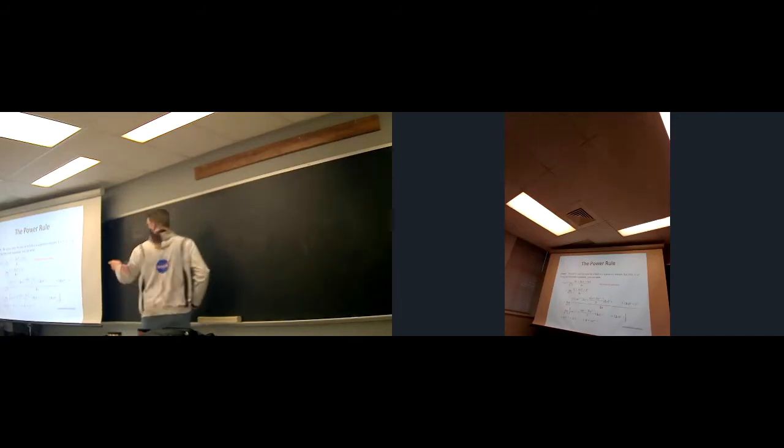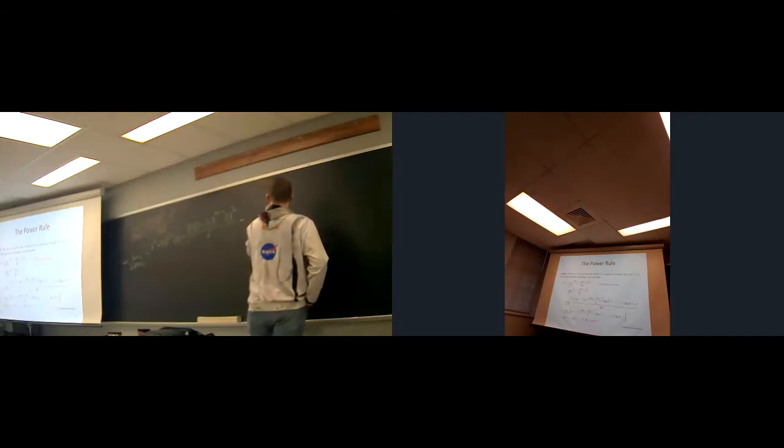Using binomial expansion, this is going to come out to be x to the n plus n x to the n minus 1 delta x plus n times (n minus 1) x to the n minus 2 delta x squared over 2, plus up to delta x to the n, minus x to the n, all this over delta x.